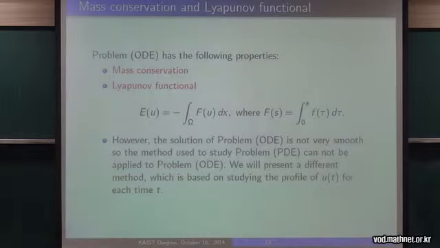However, the solution of problem ODE will have some smoothness, but will not be as smooth as the solution of the diffusion problem which I showed you before. For instance, we don't know how to apply a Łojasiewicz type inequality, and our study of the large time behavior of the solution has to be done with other methods, and especially to study more precisely the profile of the solution u of t at each time.